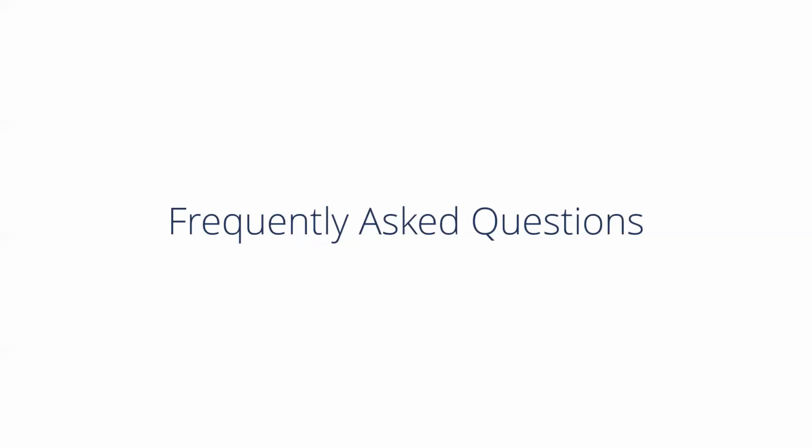The second question is, I've heard the reports in QuickBooks Online aren't as great as the desktop version, so what do we do about that? You may find that some of the reporting features that you are used to in the desktop version are not as robust in the online version. That is okay because what you've lost from the desktop version can likely be found and replicated in Leap.